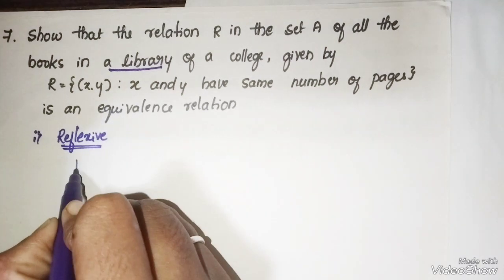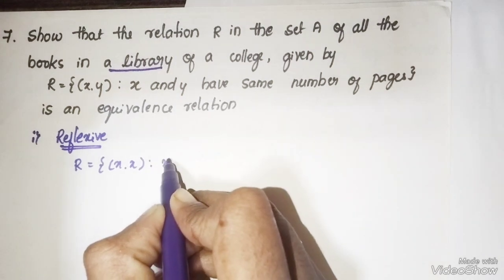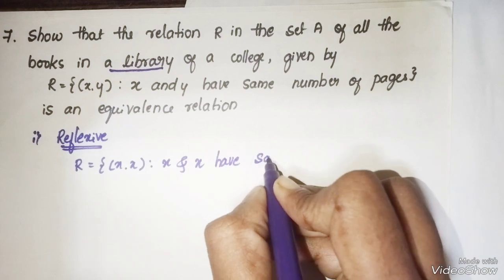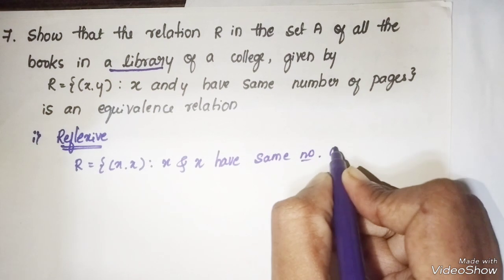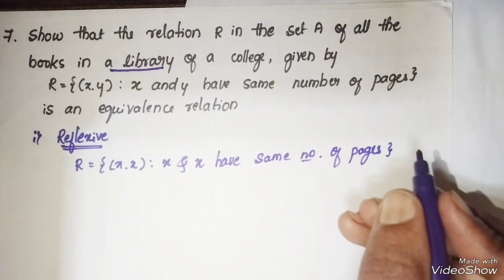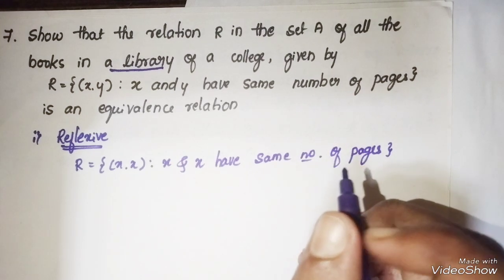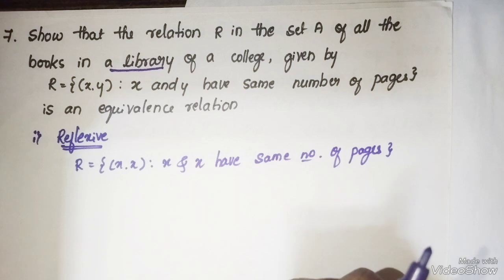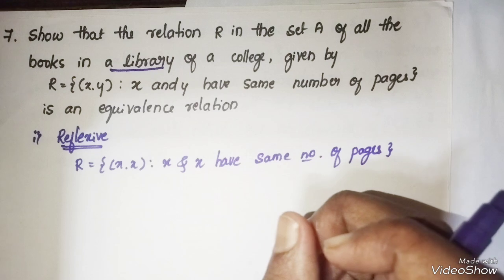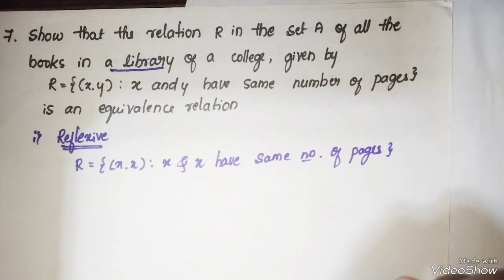Here the relation R equals (x, x) such that x and x have the same number of pages, because we have considered a book. For example, consider second year books. All the second year books contain the same number of pages.